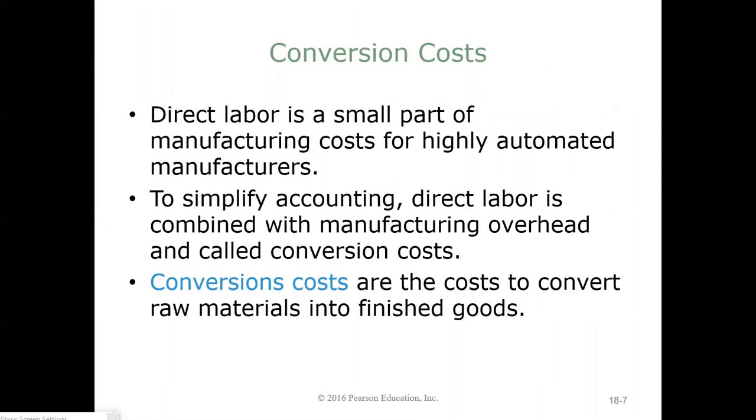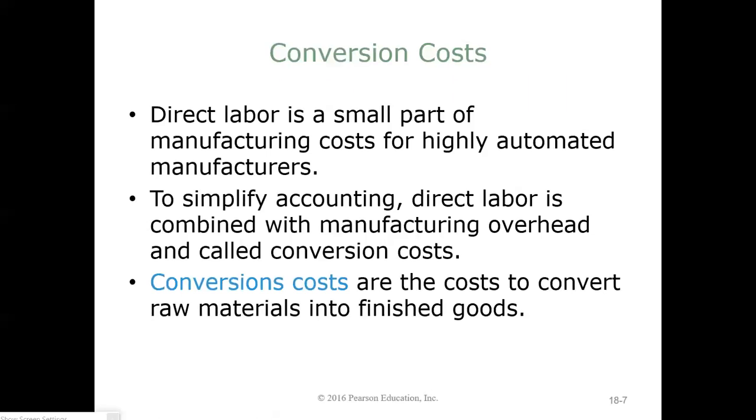All right. So when we use process costing, we use a term called conversion costs, which we introduced earlier in the course. The idea is that many manufacturing systems in today's world have quite a bit less direct labor costs than they used to. Why? Because we've automated so many things, right?